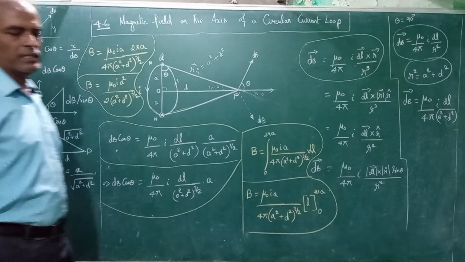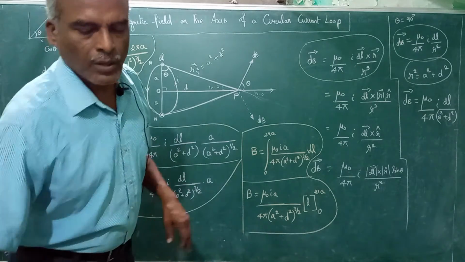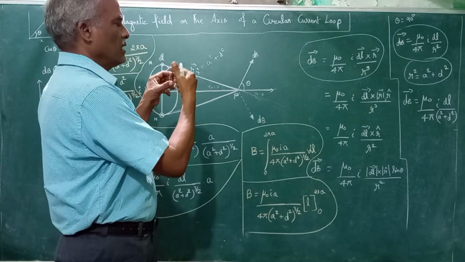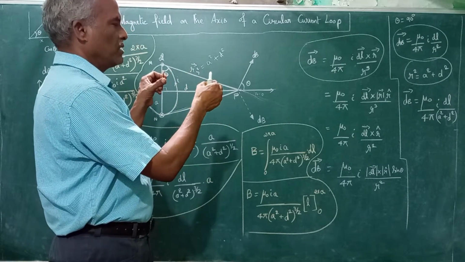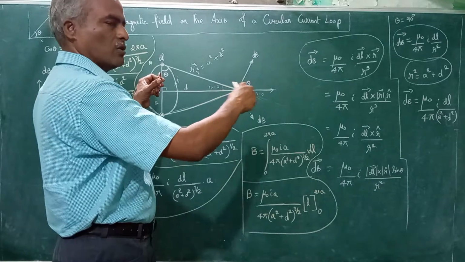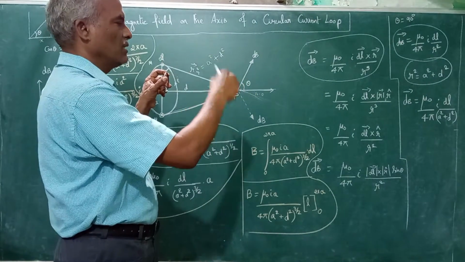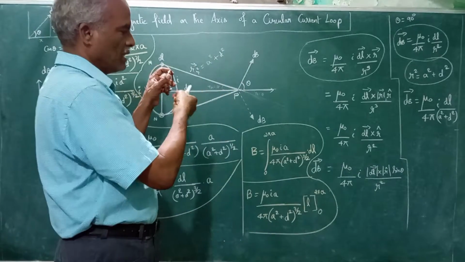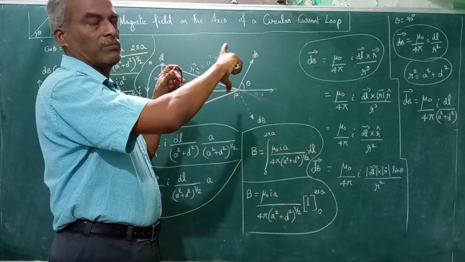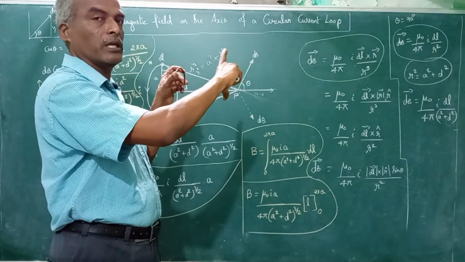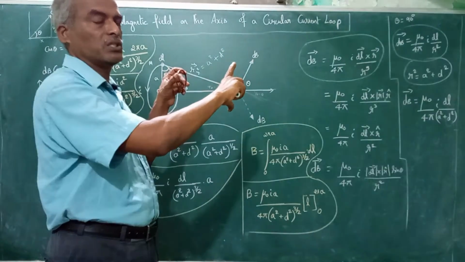One important point is, since you are considering a circular loop and a point, the horizontal component gets added up, whereas the vertical component, if you consider this, it will be this side, and if you consider this component, it will be opposite. So diametrically, magnitude wise, both are equal and opposite in direction, therefore it is 0.